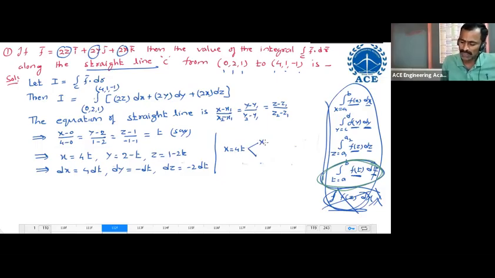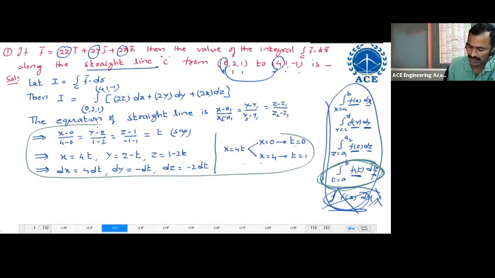The lower limit for x is 0, the upper limit for x is 4. The x limits are the same as the x coordinates. If x equal to 0, t is also 0. If x equal to 4, t equal to 1. We substitute all these in this integral.